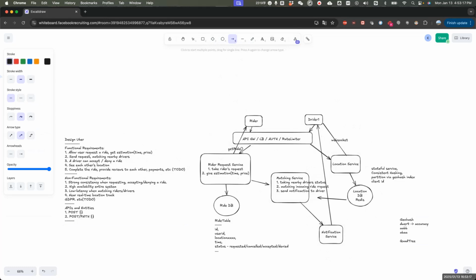So the driver accepts or denies a ride, and the matching service could update the database with the status of this ride.